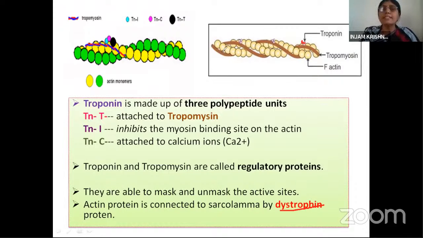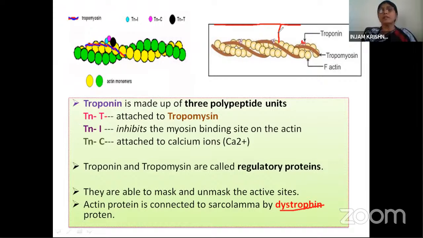See here, just imagine, it is the muscle cell, it is the muscle fibril. This is sarcolemma.